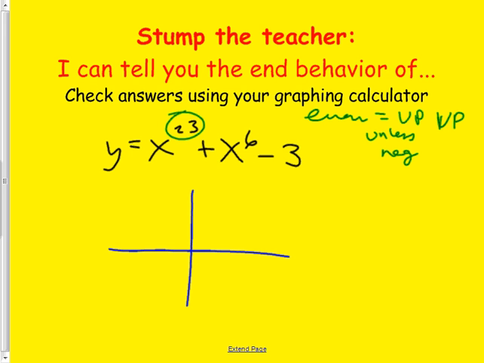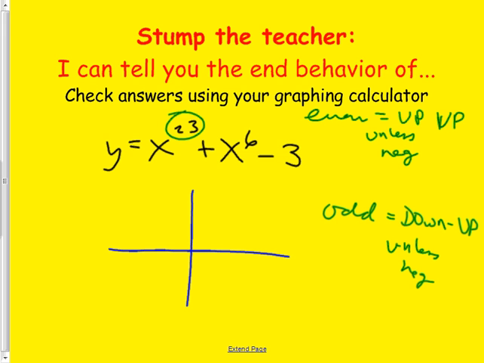Okay. What's your theory on odd ones then? Odd are all going to be down, up? Just all? You've nailed it, young man. That's it. That's how you tell.